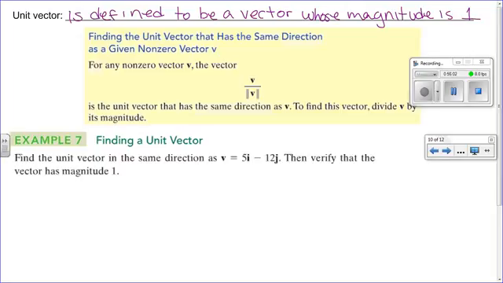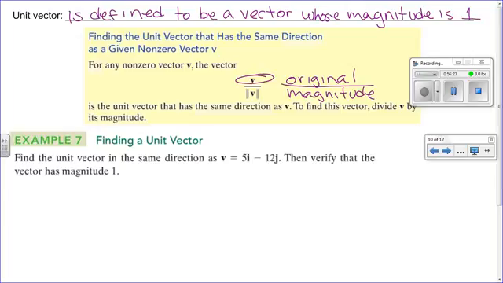Okay, and we're going to need to know how to find this unit vector when we get to the next section, which is 6.7. So the rule here is that you're going to take the original vector and you're going to divide by the magnitude of the original vector.